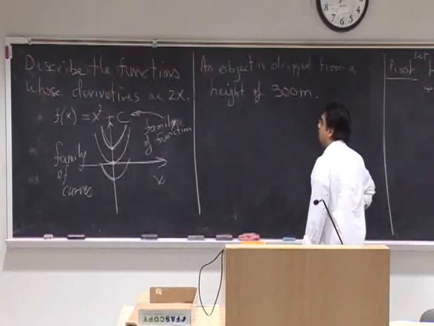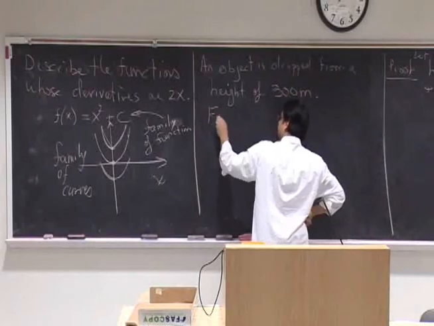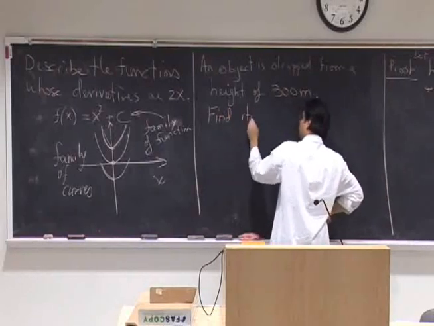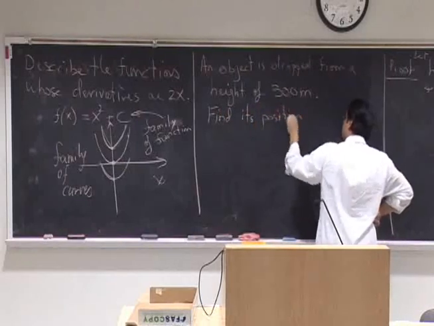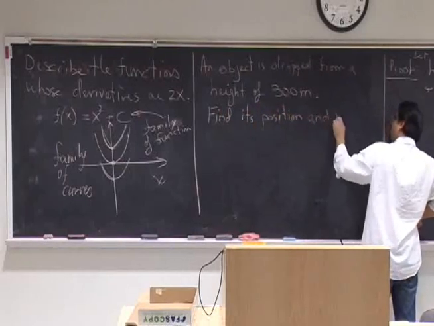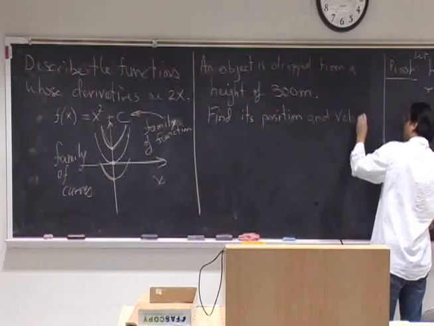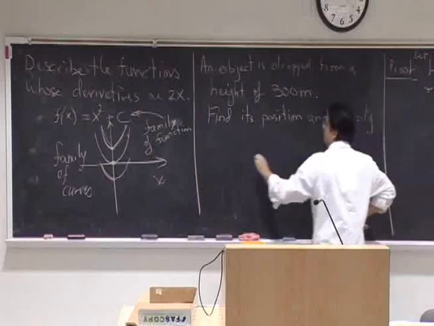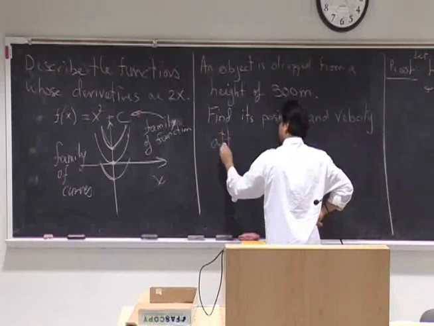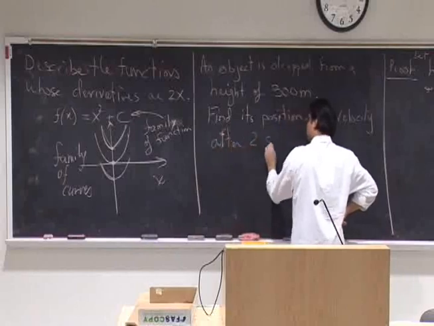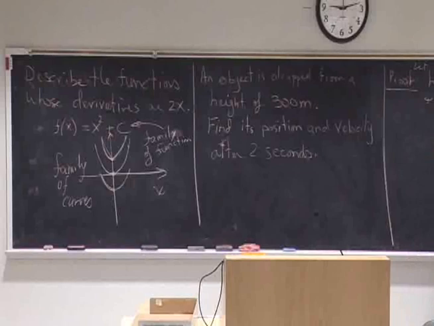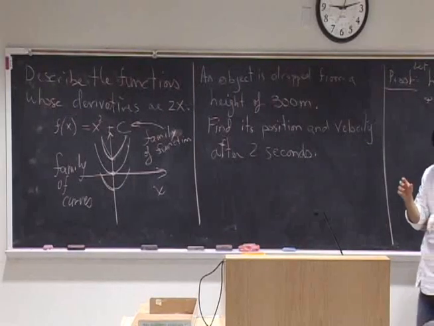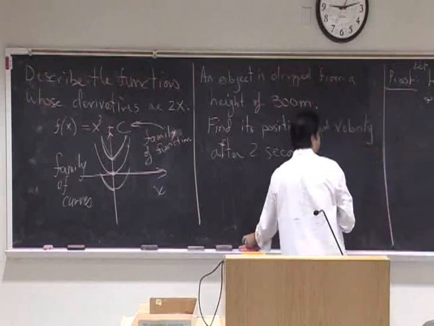Find its position and velocity after 2 seconds. This is a direct application of this family of functions business, a direct application of the corollary.